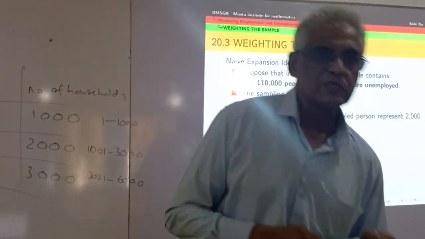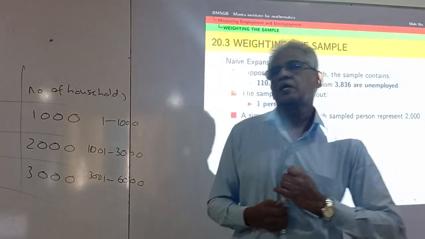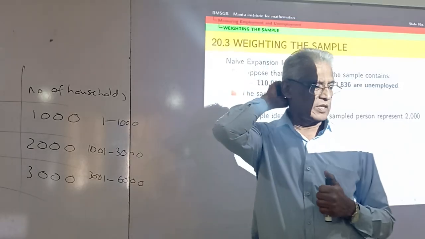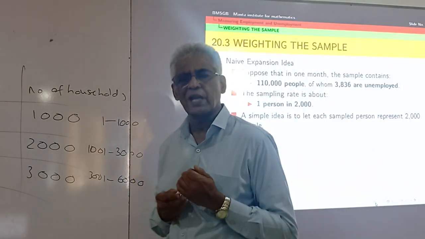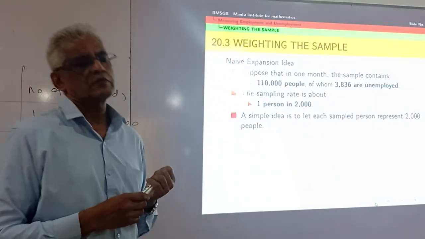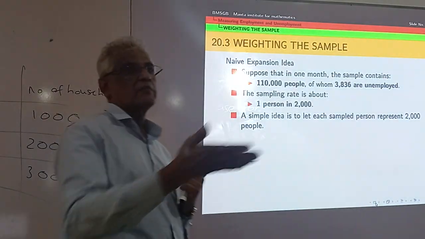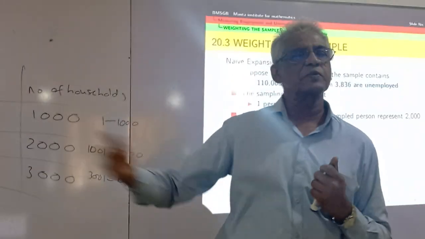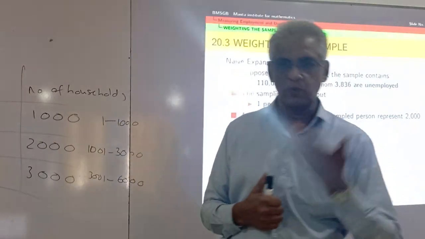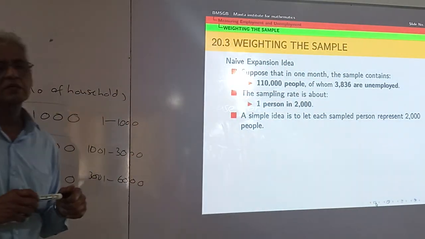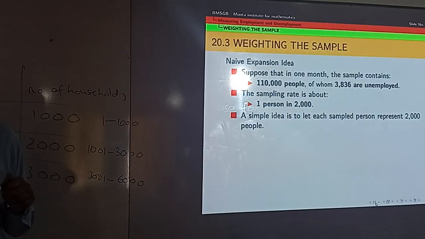If you take a simple random sample, that's a random sampling method. But if you take a random sample from a population where there are, say, 45% male and 55% female, it is possible for the sample to contain maybe 60% male and 40% female. That's possible, there's a small chance. If that happens, then of course the sample is not a real representation of the population.